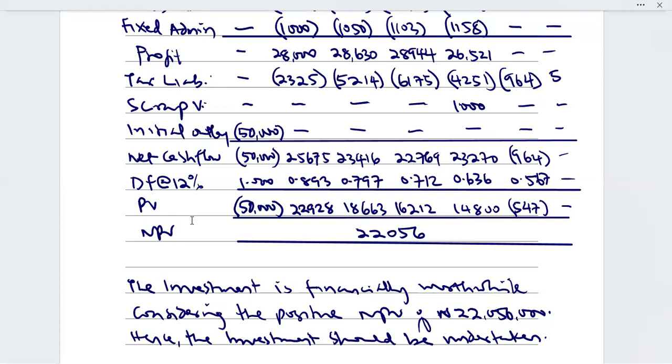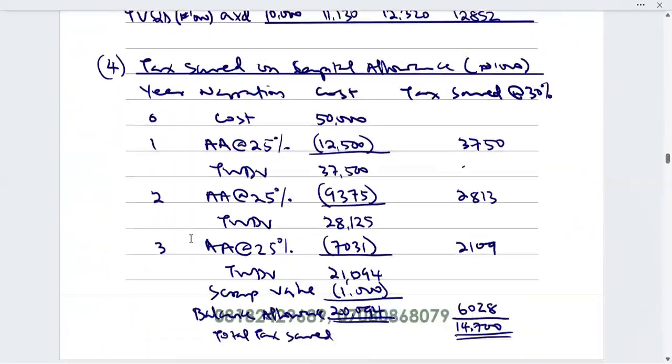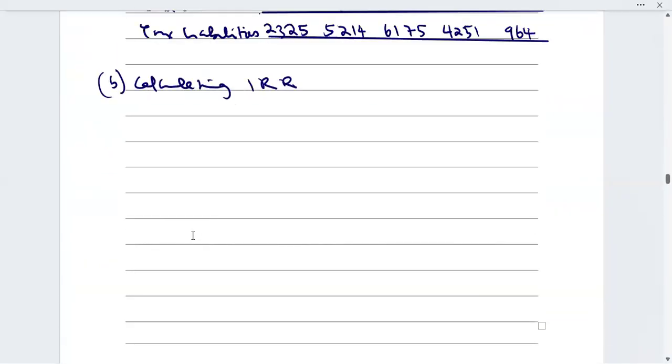So let's assume 30% and see what we are going to get on our IRR. I will teach you the exam method. Instead of having different tables for positive and negative, use only one table.